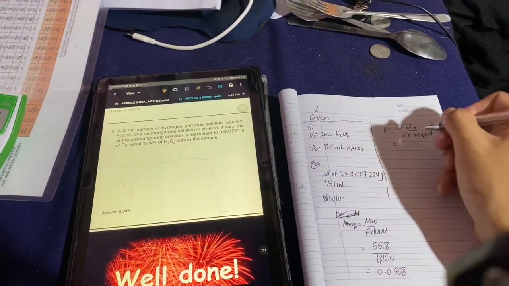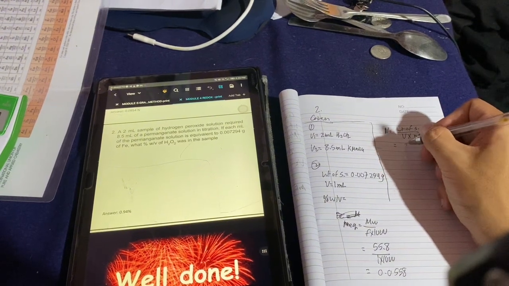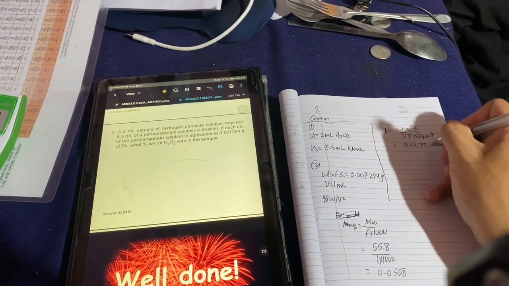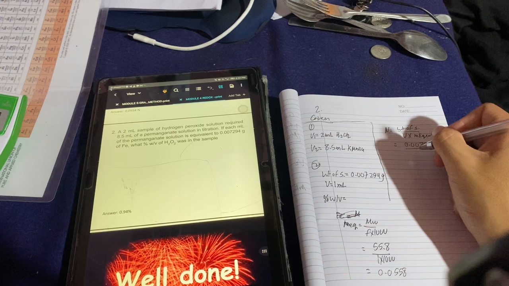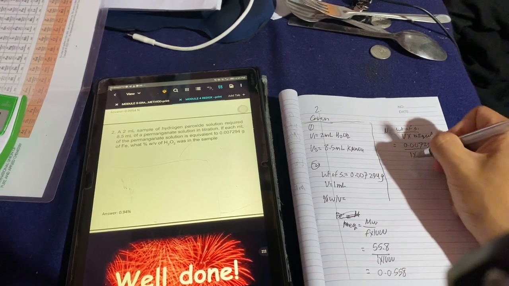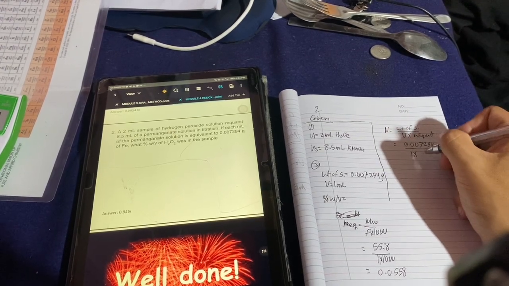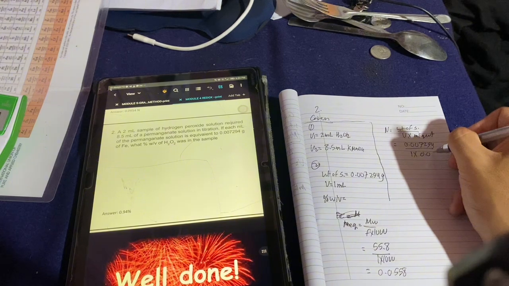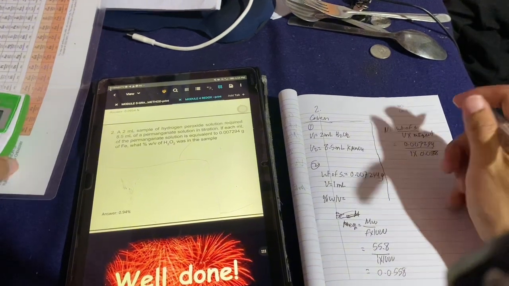So let's calculate. The weight of the substance is 0.007294 over the volume, which is 1, times the milli equivalent weight, which is 0.0558.